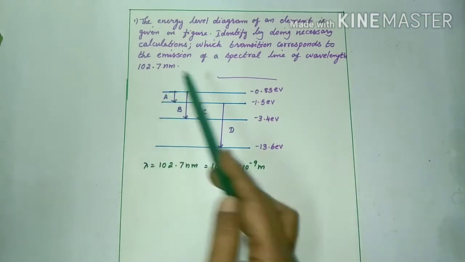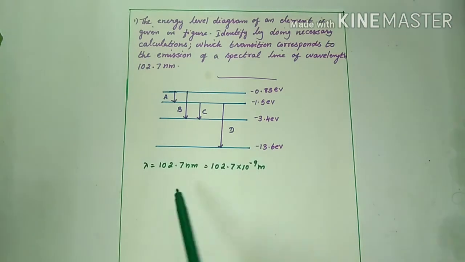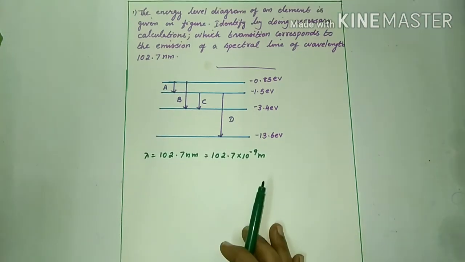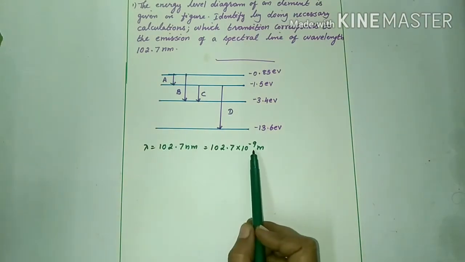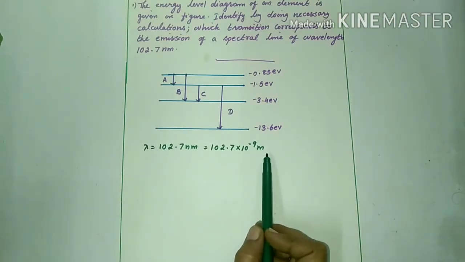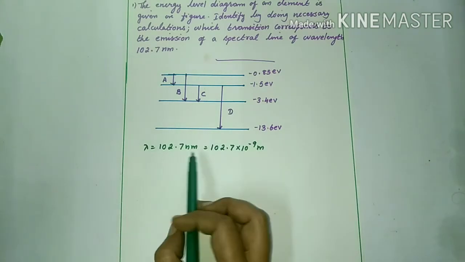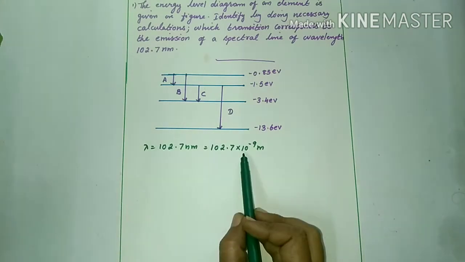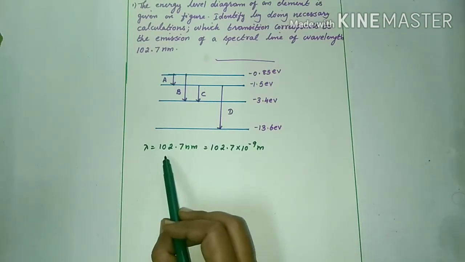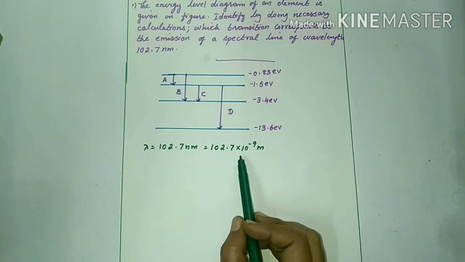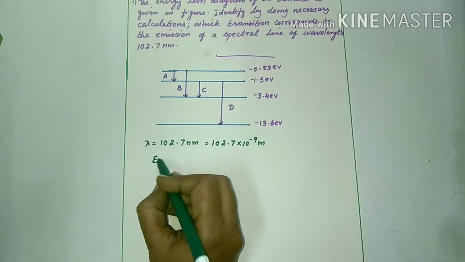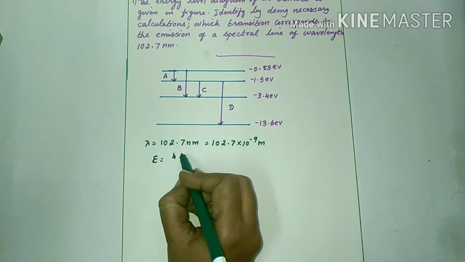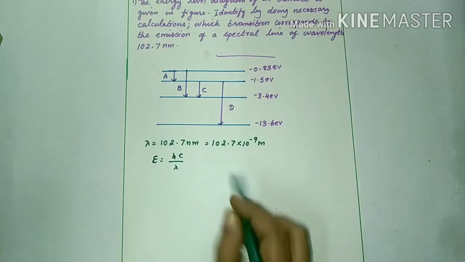So we can write lambda equal to 102.7 into 10 raised to minus 9 meter. Then for the spectral line of this wavelength, you should calculate the energy E equal to hc by lambda.